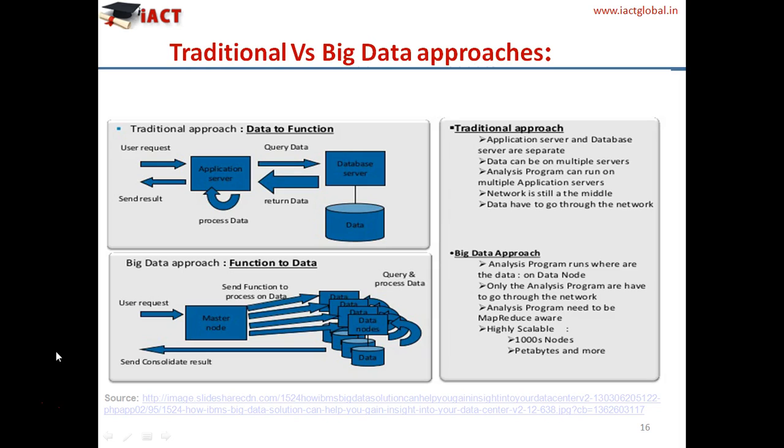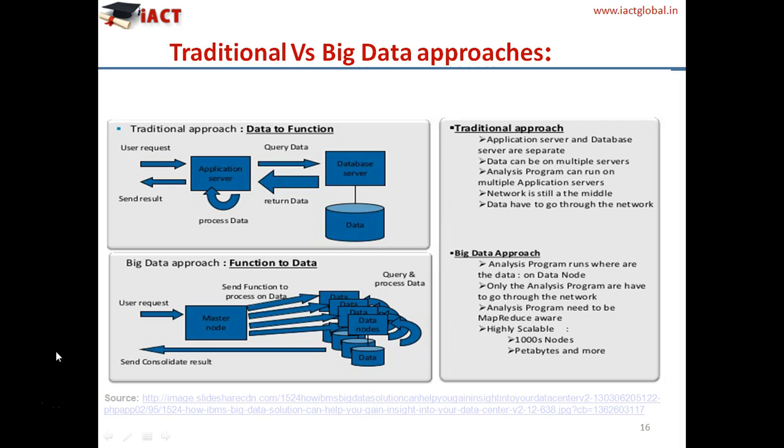In the traditional approach, the user sends a request. There is an application server, and there is a database server which holds the data. The client sends a request to the application server. The application server and the database server are separate entities. The application server queries the database server to fetch the data. This data can be on multiple servers.